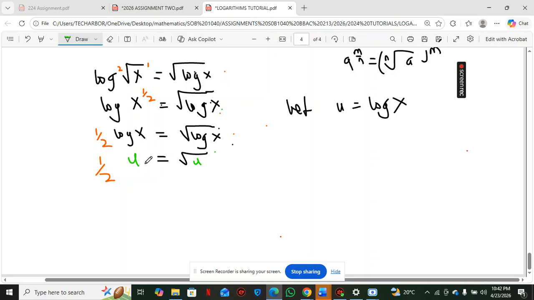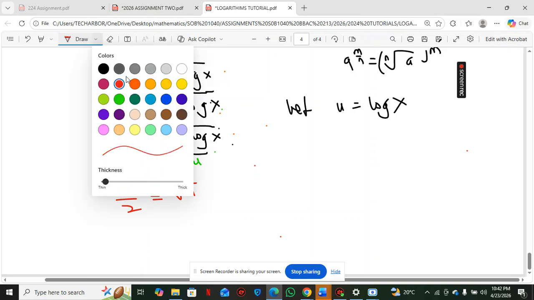Now, we need to get rid of this square root here. On the left-hand side, half times u, you're going to get u over 2, equals square root of u. To get rid of this square root, we need to square both sides.